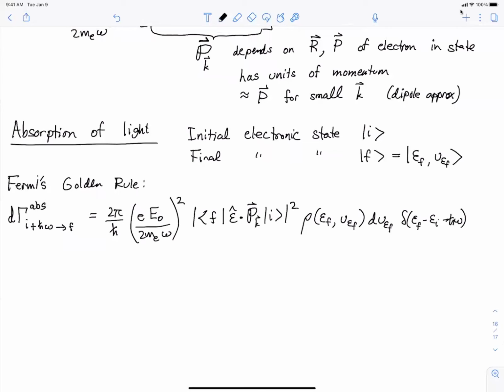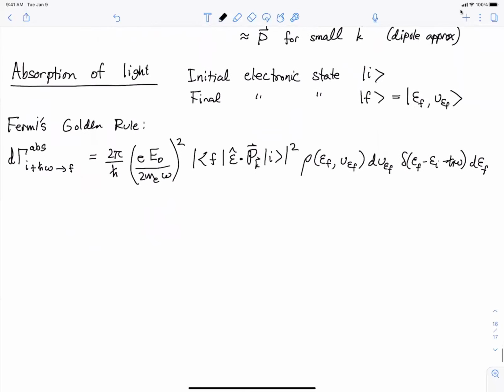And finally, my differential of energy. Okay, so that's progress. But now the thing is, that's not a number that you can measure in an experiment, because it's got a delta function in it and it's got these differentials. So we want to ask, how do we get a measurable number from this formula?